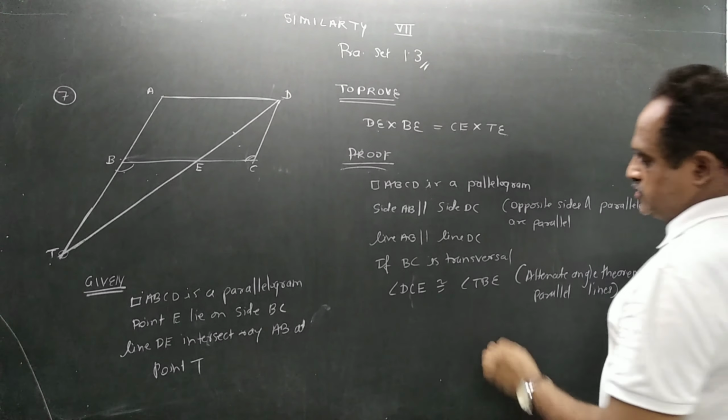First thing is, we have already proved that angle DCE is congruent to angle TBE, that is from equation 1. One more thing is there, angle DEC is congruent to angle TEB, that is vertically opposite angles are congruent.